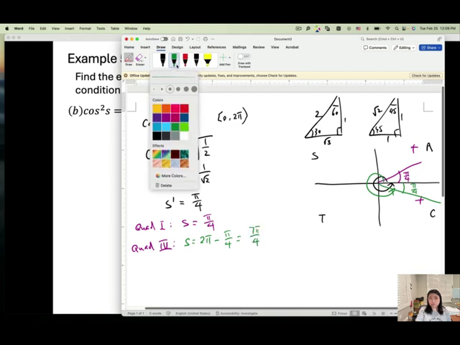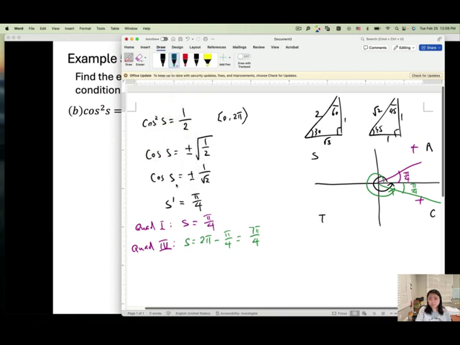Okay, right? And then S is going to be negative when cosine S equals negative 1 over rad 2. This is talking about quadrant 2 and quadrant 3. So quadrant 2, when the reference angle is here, pi over 4, we're going to calculate from here. So that will be pi minus pi over 4, which is going to be 3 pi over 4.